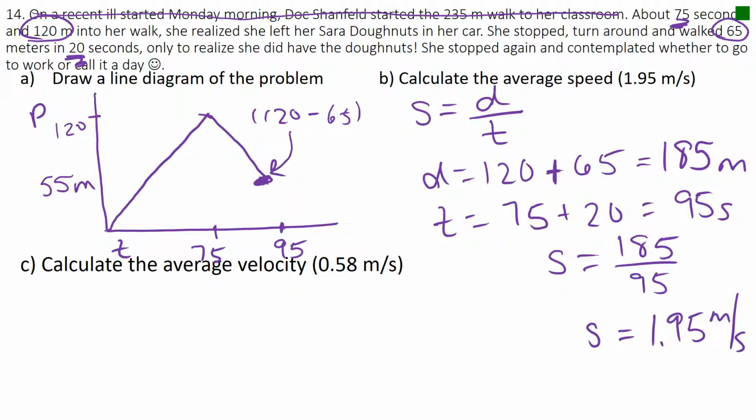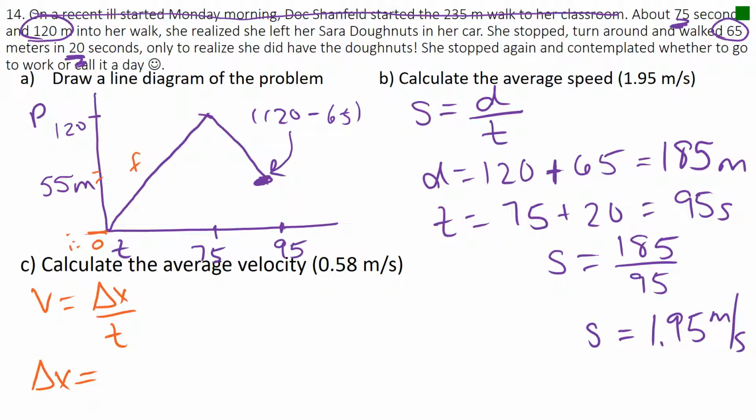All right, now we can do velocity. Velocity is equal to the change in position over time. So our change in position is going to be our starting position, which is at the origin, so 0, and the 55 meters.